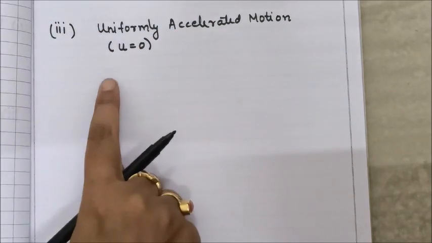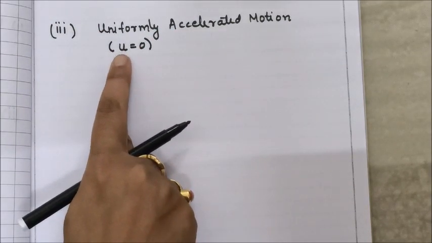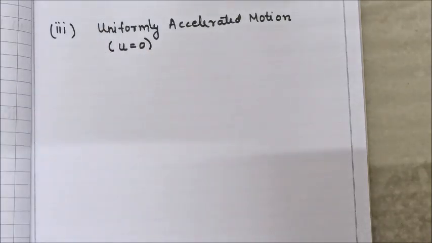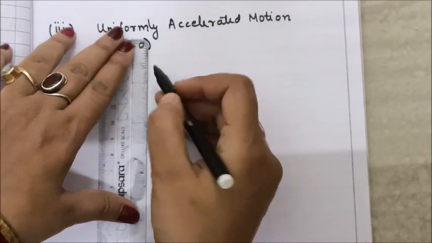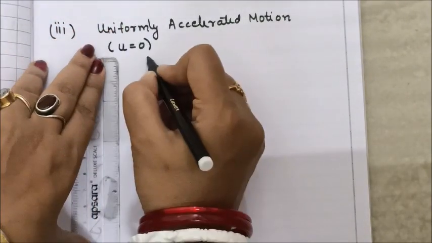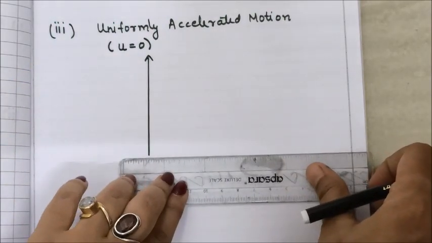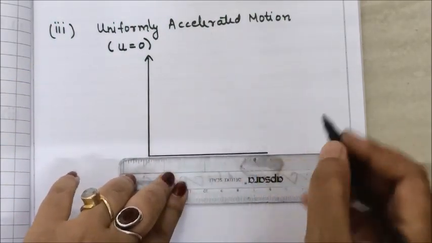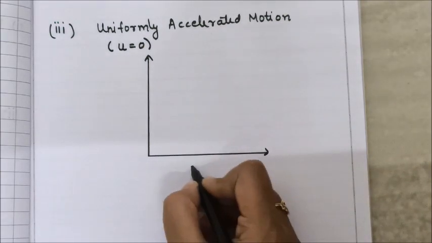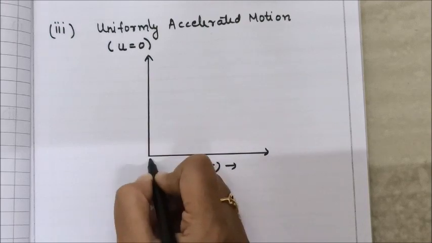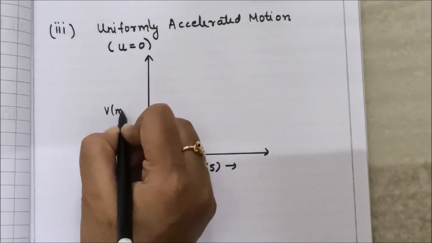That means the initial velocity, denoted by the letter u, is 0. So when we plot this graph, again going by the basics, we draw the y-axis for the velocity and the x-axis for the time, with the origin, velocity in meter per second.